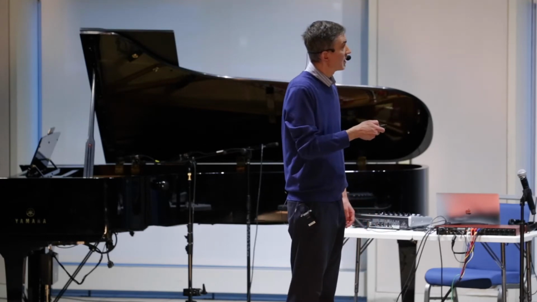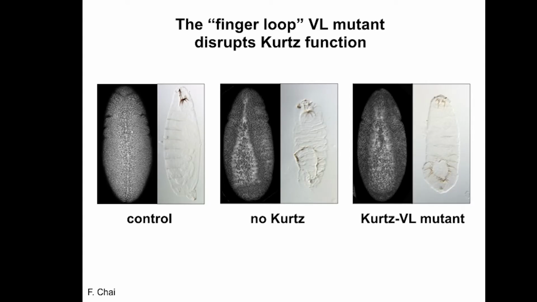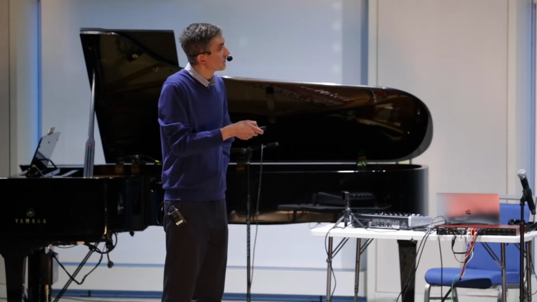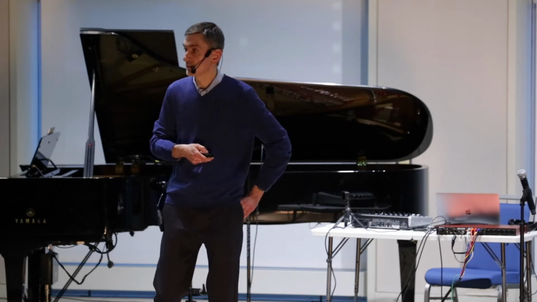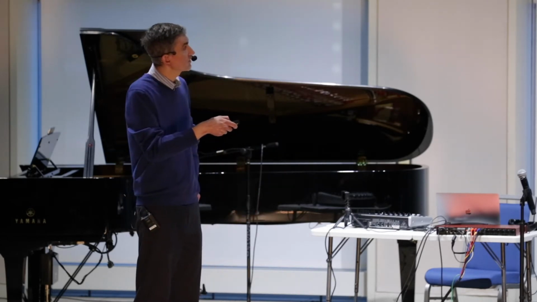Without Kurtz, this is a mild phenotype of an embryo that does not have Kurtz. It couldn't complete gastrulation, and unfortunately, at the larval stage, they do not survive, and instead they get a big hole still open on their ventral side. When we introduce a mutation of just these two amino acids into the finger loop of Kurtz, we get similar looking phenotypes.